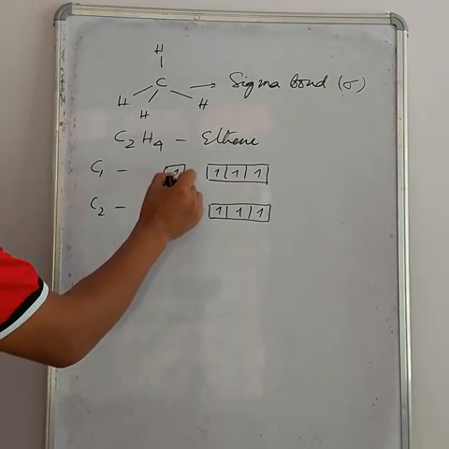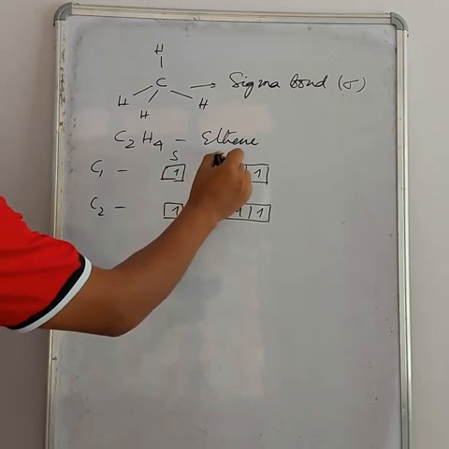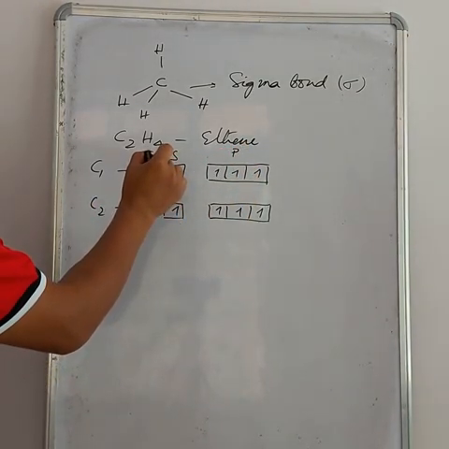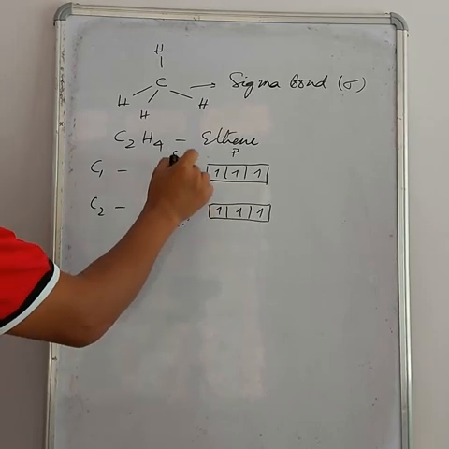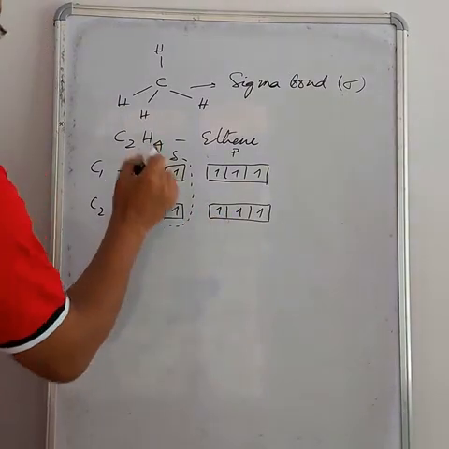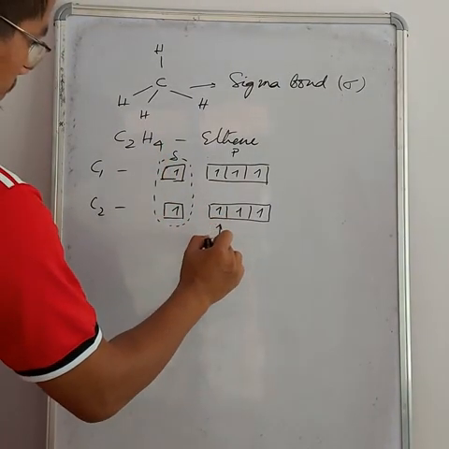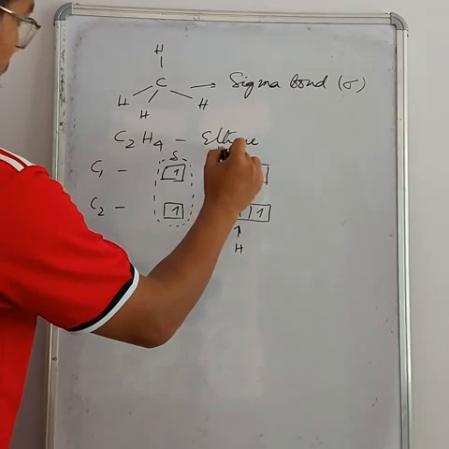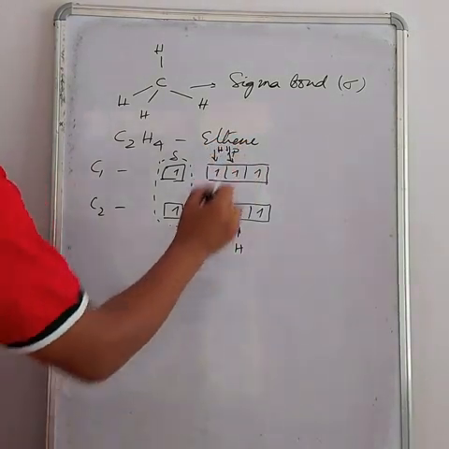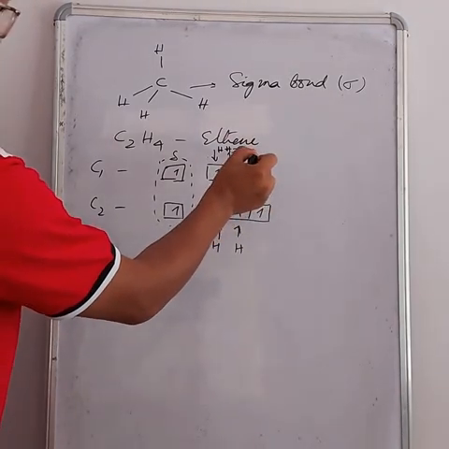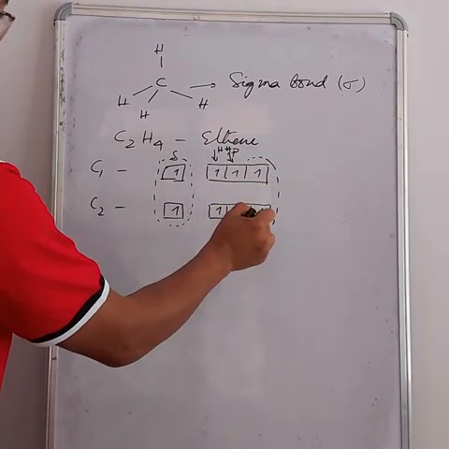So these 2 s orbitals will share electrons and form a sigma bond, and then the 4 hydrogens will enter symmetrically. And these 2 p orbitals will overlap.